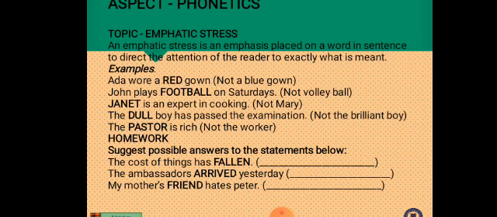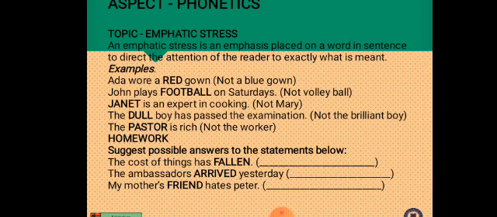And by the time we remove capital letters from all these ones we have written in capital letters and stress, for example, gown, the meaning of this sentence will automatically change. We will no longer be talking about the color of the gown. We will be talking about the style of cloth that Ada wore. It is going to be telling us that Ada was not wearing a skirt, she was not tying a wrapper.